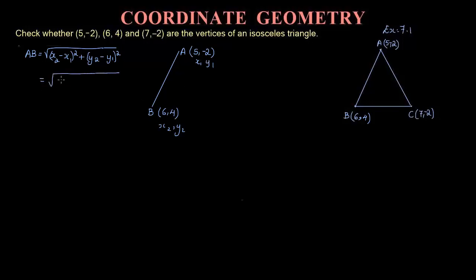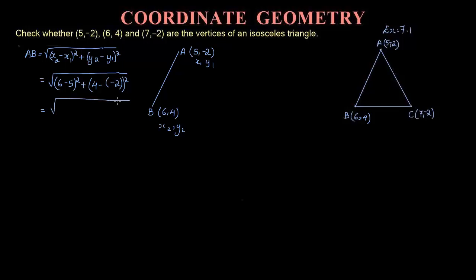X2 is 6, 6 minus 5 whole square plus 4 minus, this is formula minus, and you can observe it is minus 2, so you will write in bracket that minus 2, and again you need to close one more bracket for this one, it is square here.